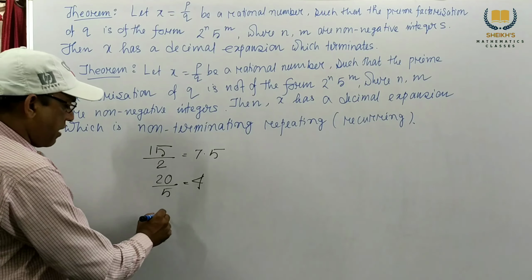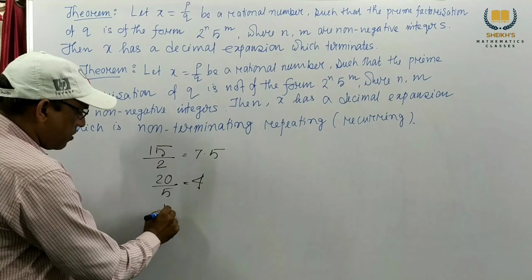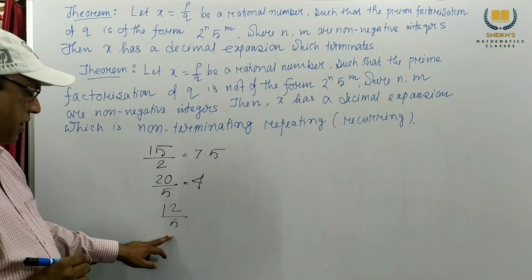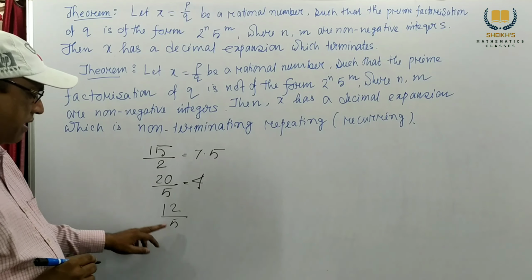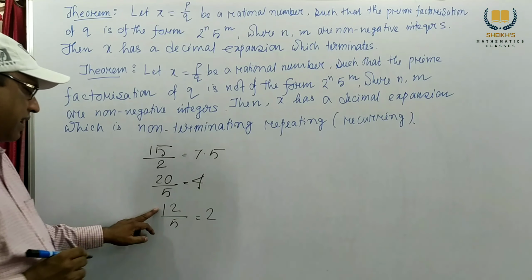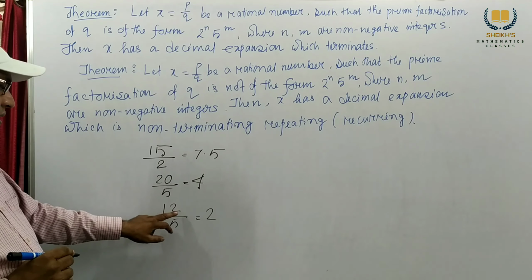Suppose we have 12 by 5, the denominator is 5. If we divide, 5 2s are 10 and here we get 2.